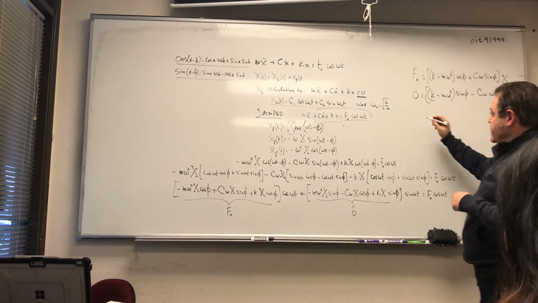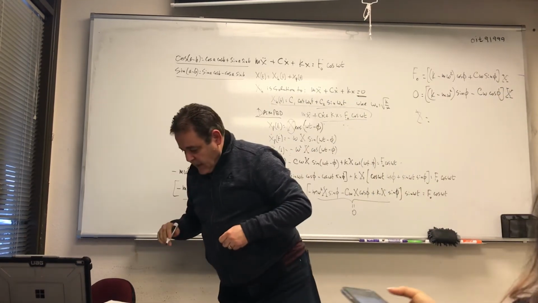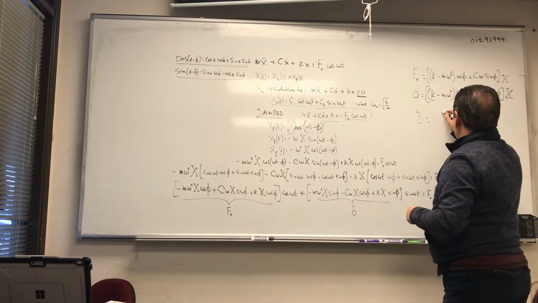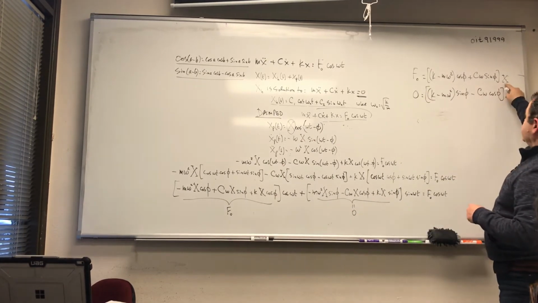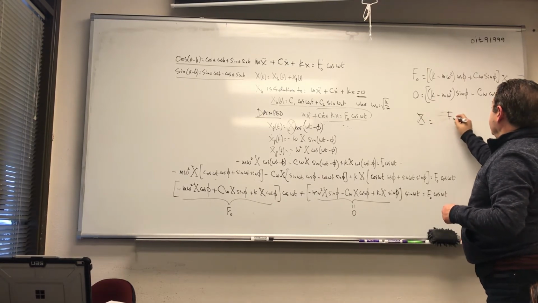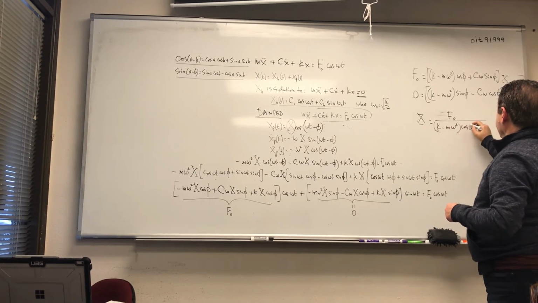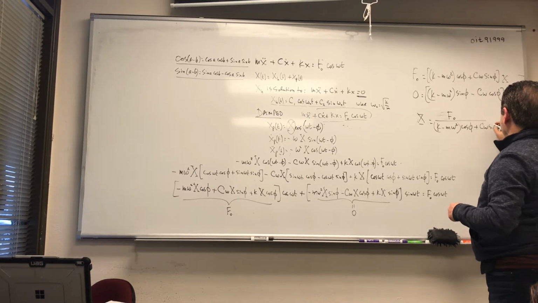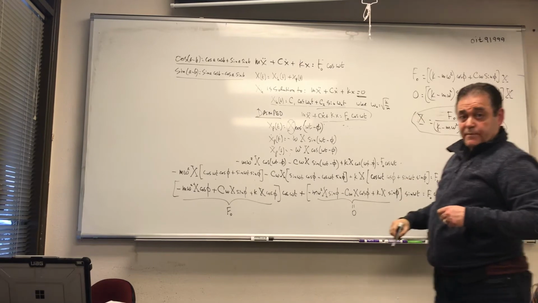So it tells me that x is equal to f naught. Well, in fact, you can look at it from here. What is x? F naught divided by that big mass, which is k minus m omega squared cosine phi plus c omega sine phi. You see that equation at the bottom of page 271?